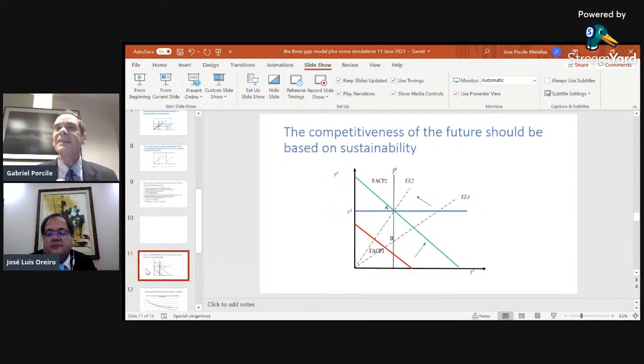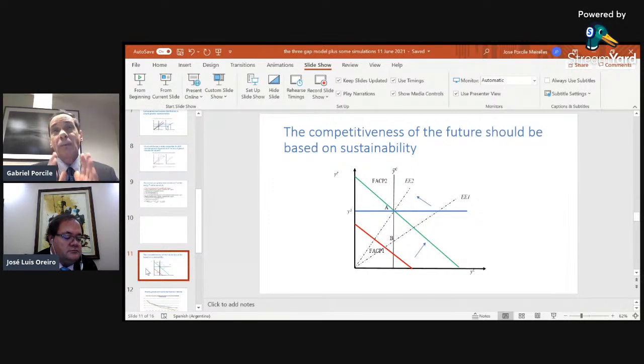So the question that one can ask at this point is the following. Do we have estimates of the value of these rates of growth so that we can somehow think of economic policy in terms of trying to achieve these different rates of growth and trying to make them converge to the rate of growth necessary for social inclusion and equality?